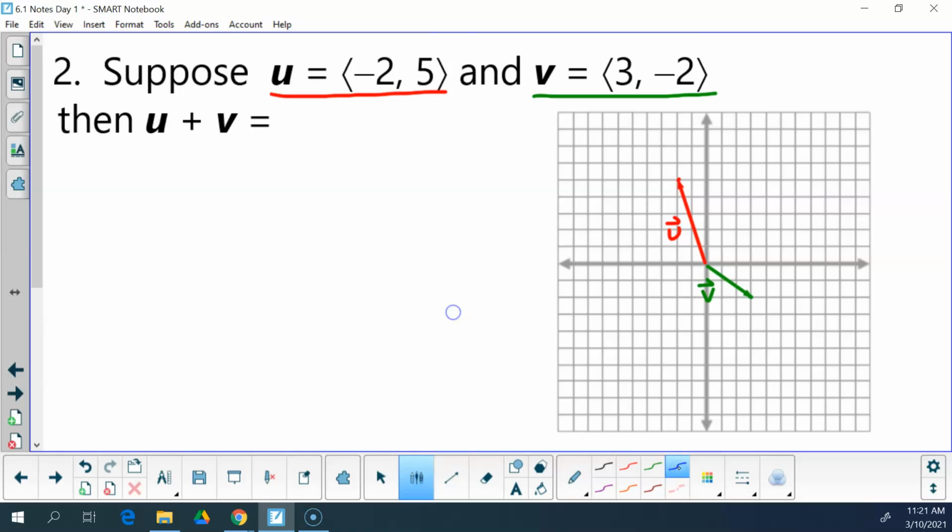So if I were to add those two vectors together, U plus V, I would add the horizontal components.